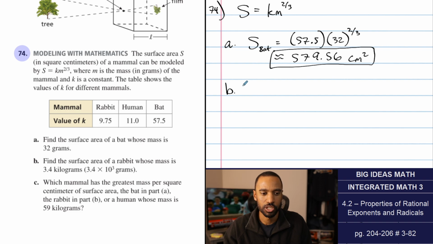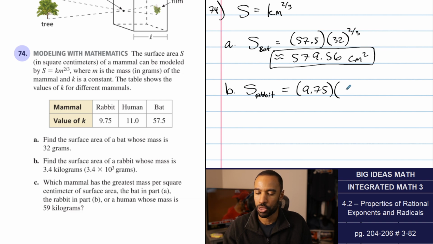Part B, find the surface area of a rabbit whose mass is 3.4 kilograms. Now they do the conversion for you. 3.4 kilograms is 3,400 grams. So the surface area of a rabbit is going to equal its constant, which is 9.75 times 3,400 grams, a little heavier than a bat, to the 2/3 power.